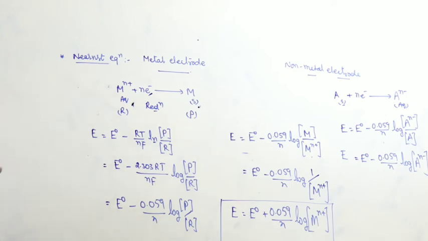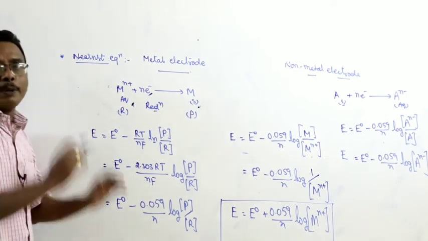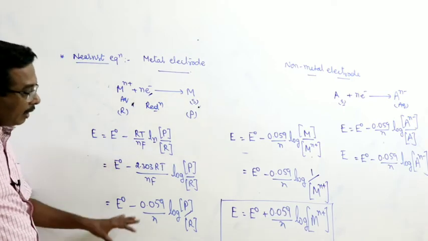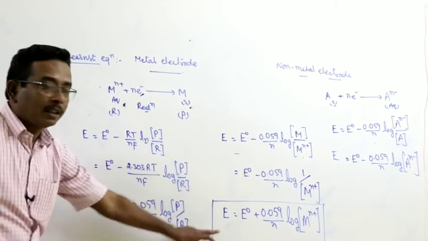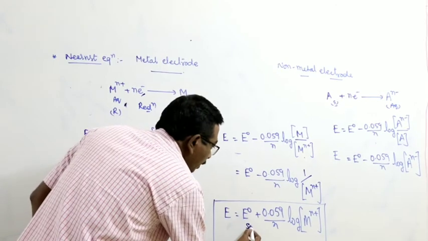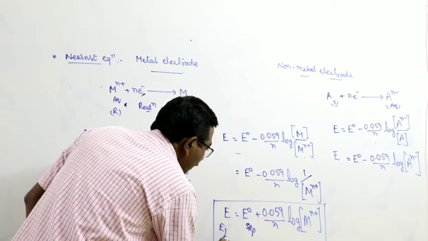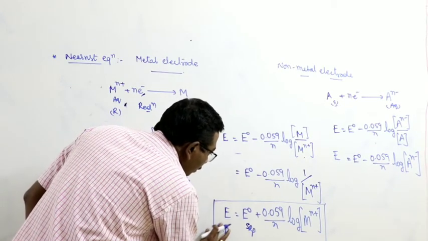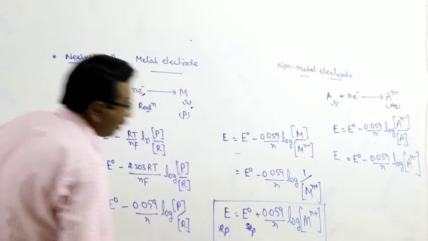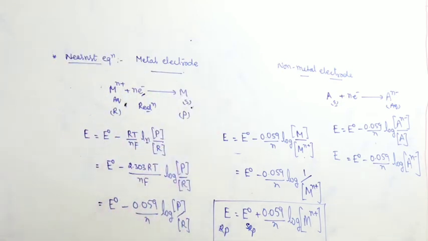This is the calculation of the electrode potentials. This is nothing but the standard reduction potential, and this is the reduction potential or electrode potential. This is about the condition.